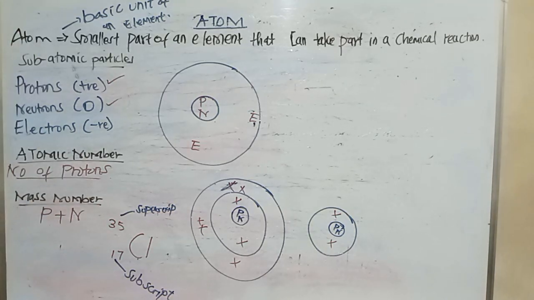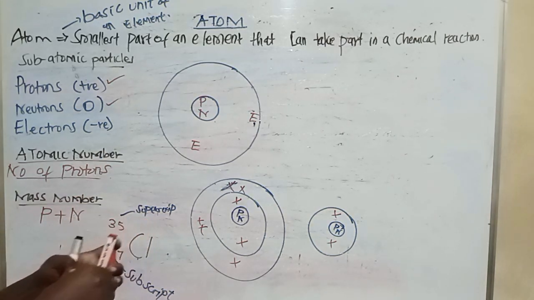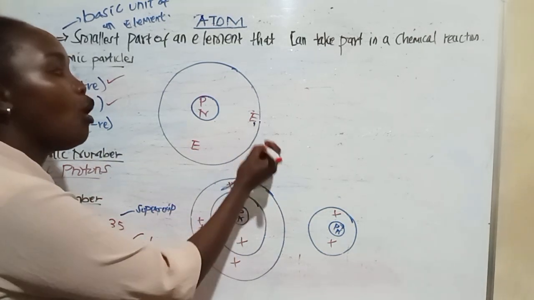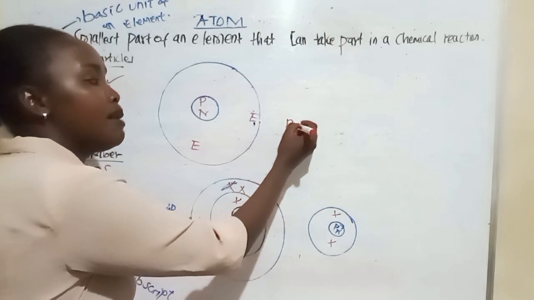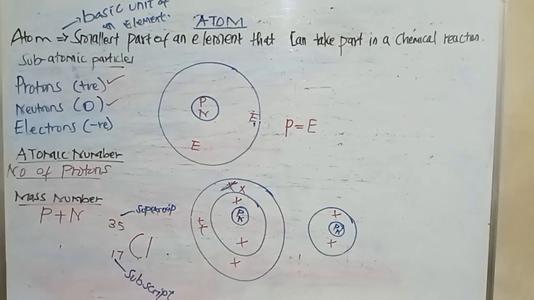Another thing we would have forgotten to mention is that the number of protons in an atom is the same as the number of electrons. This makes an atom neutral in charge. Remember we said protons are positively charged while electrons are negatively charged. So the number of protons in an atom is the same as the number of electrons.